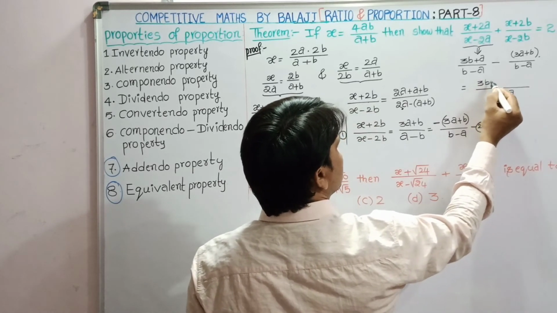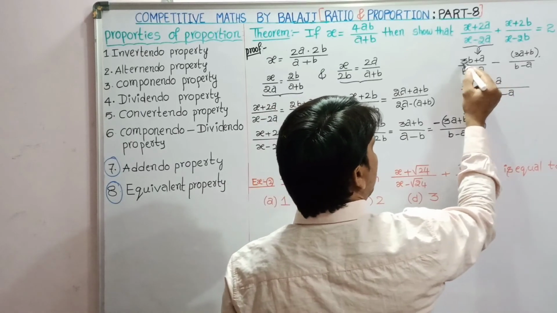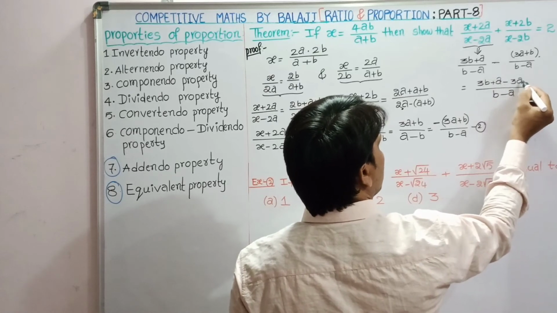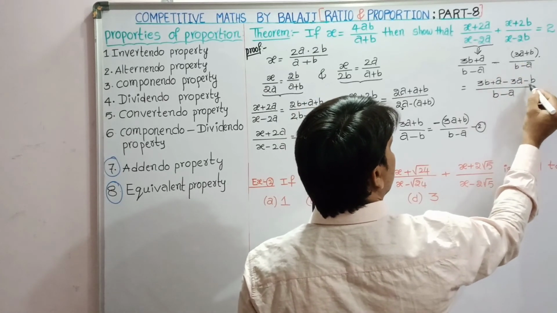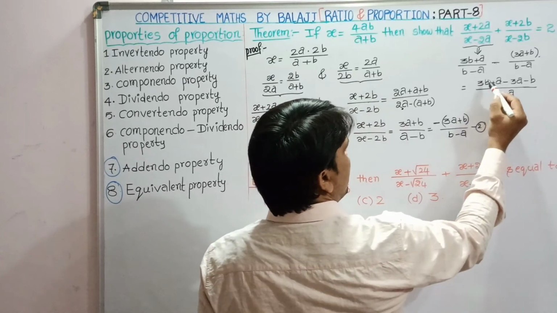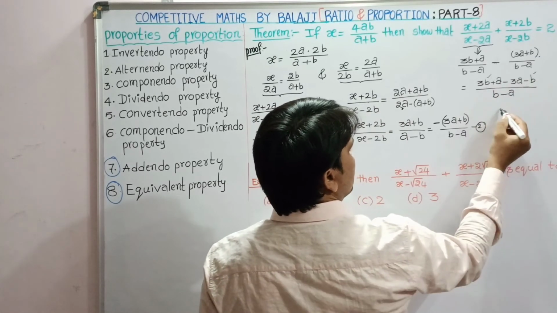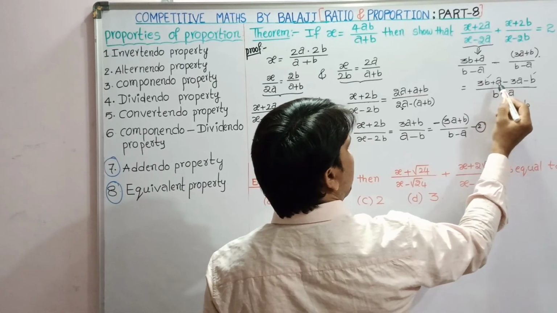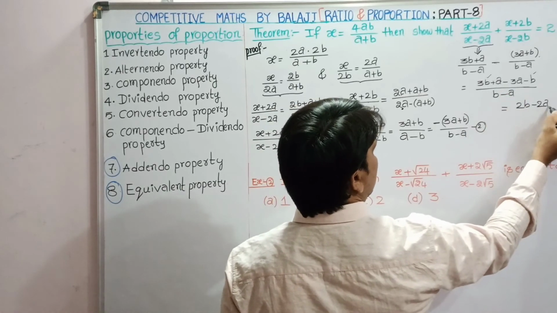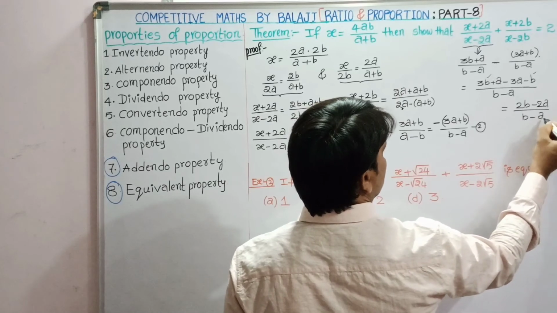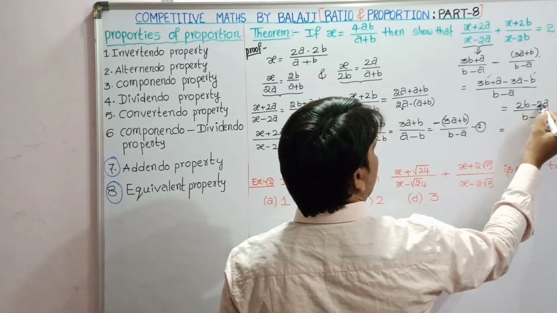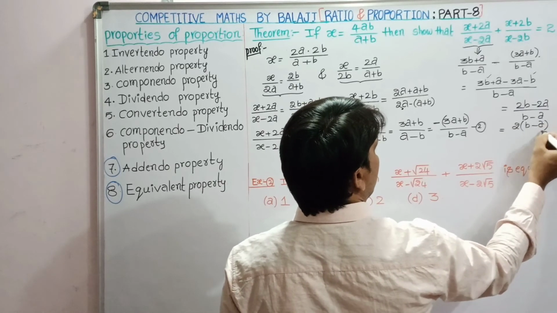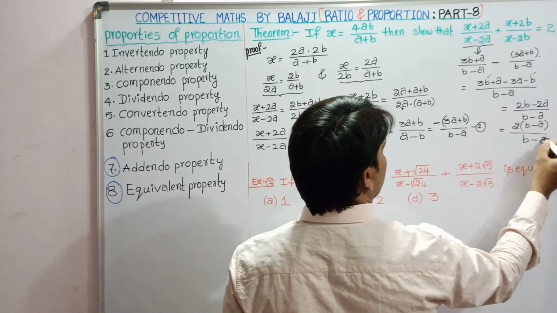Write the numerators as they are: 3b plus a minus 3a minus b. See, 3b minus b we get 2b, minus 3a plus a is minus 2a, by b minus a. 2 is common, take out the common term 2, we get 2 of b minus a by b minus a.